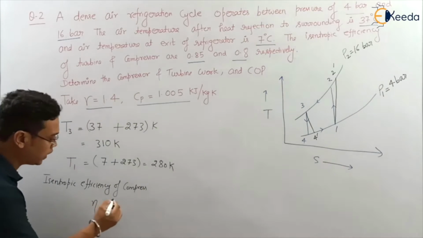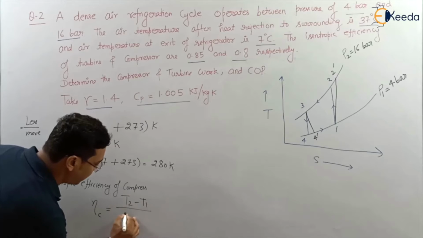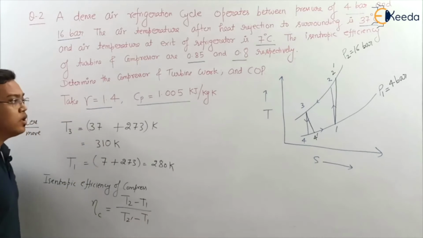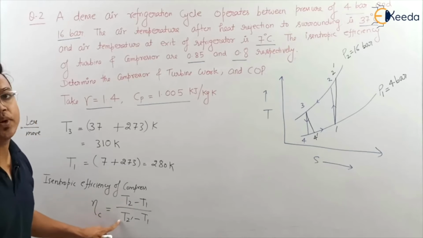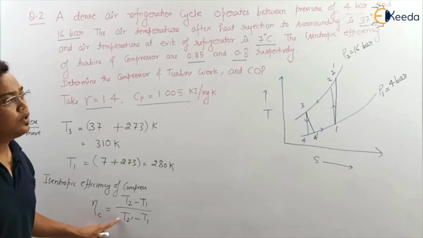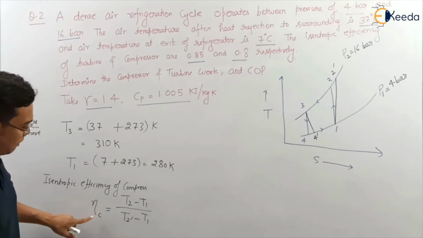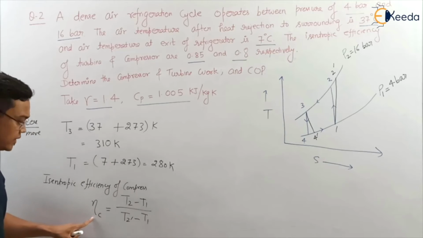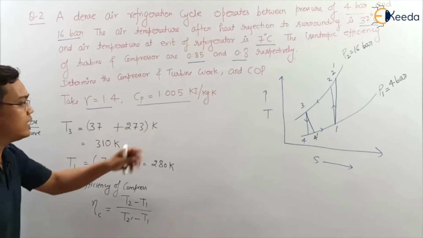So it is T2 minus T1 divided by T2 dash minus T1. We know T1, but we don't know T2 and T2 dash. We know the isentropic efficiency of compressor, so we will calculate T2 and T2 dash. How? You will see here.